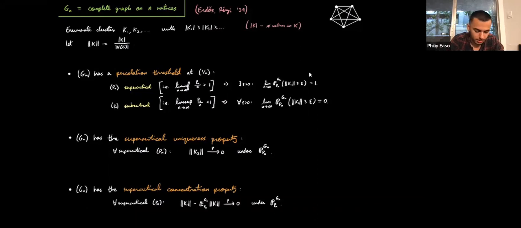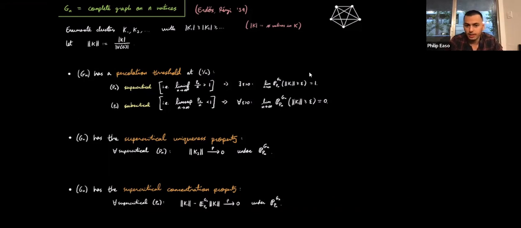Another one of these basic properties is what we call the supercritical uniqueness property: for any supercritical sequence p_n, the second largest cluster's density goes to 0 in probability under percolation of that parameter. The previous statement tells you that when you're supercritical, you have a giant cluster with high probability.